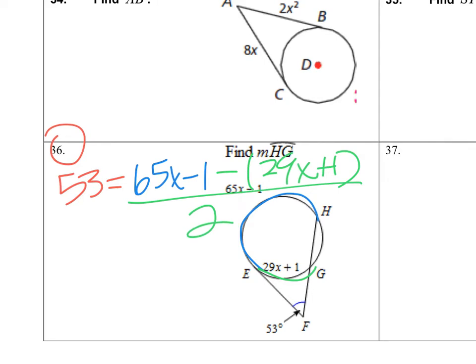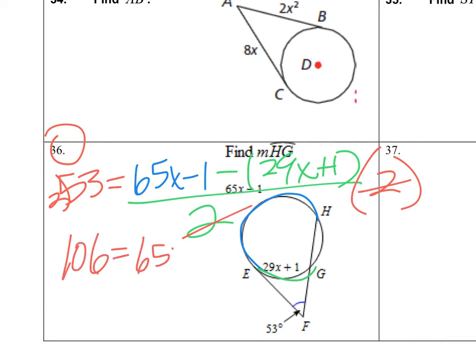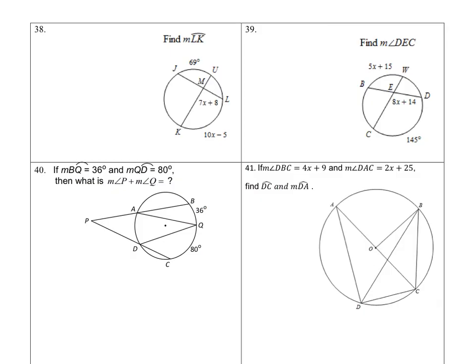So when you simplify that, first you multiply everything by 2 to get rid of the division, which makes this 106 equals 65x minus 1 minus 29x plus 1. Now remember, when you're subtracting, that becomes minus 1. Alright, so from there, it's just a basic linear equation. You should be good to go.